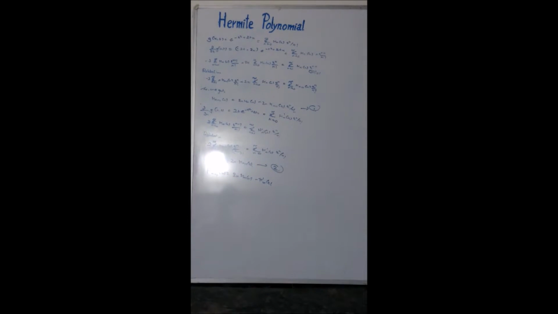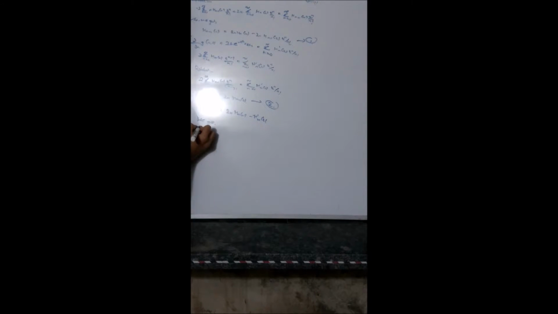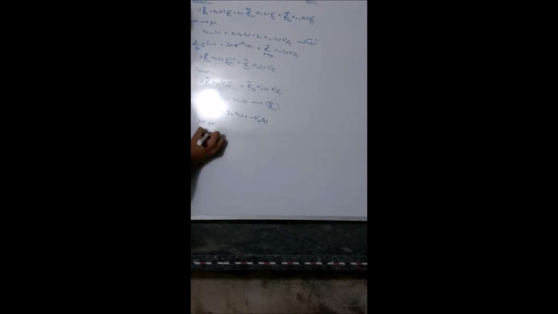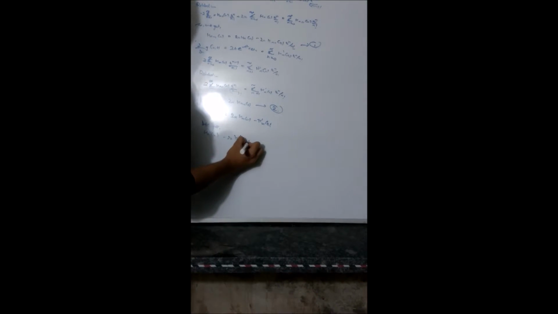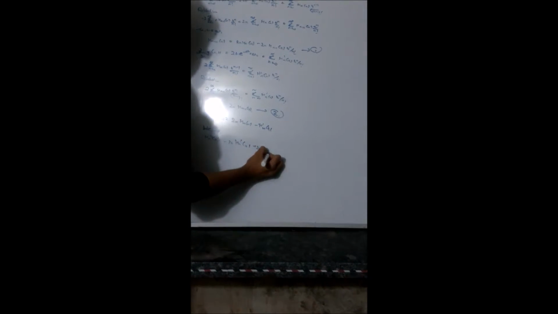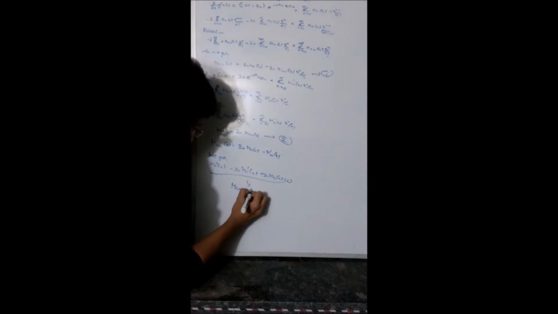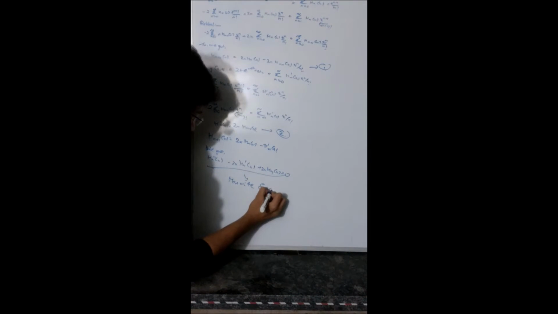Now we again differentiate it with respect to x, and finally we get H''_n(x) - 2x H'_n(x) + 2n H_n(x) = 0. This is known as the Hermite equation.